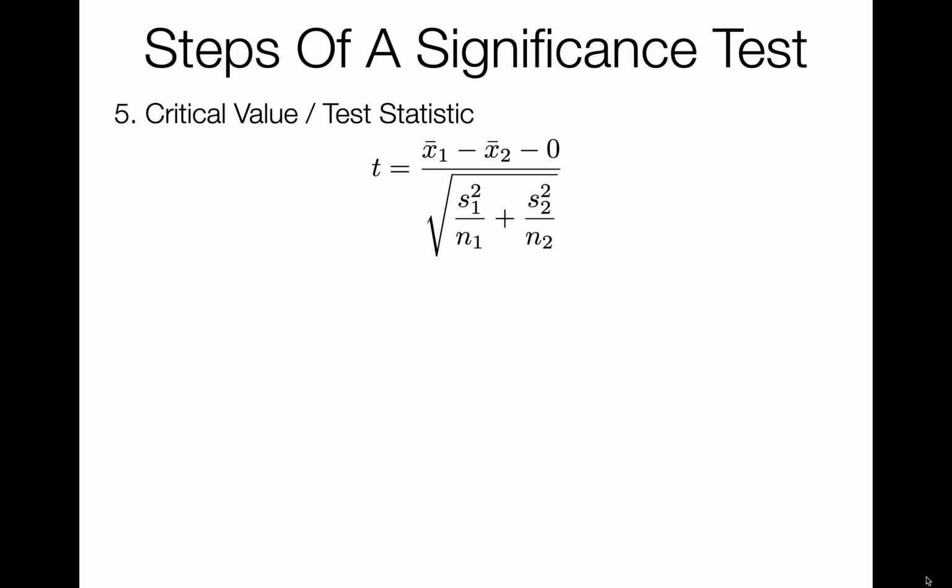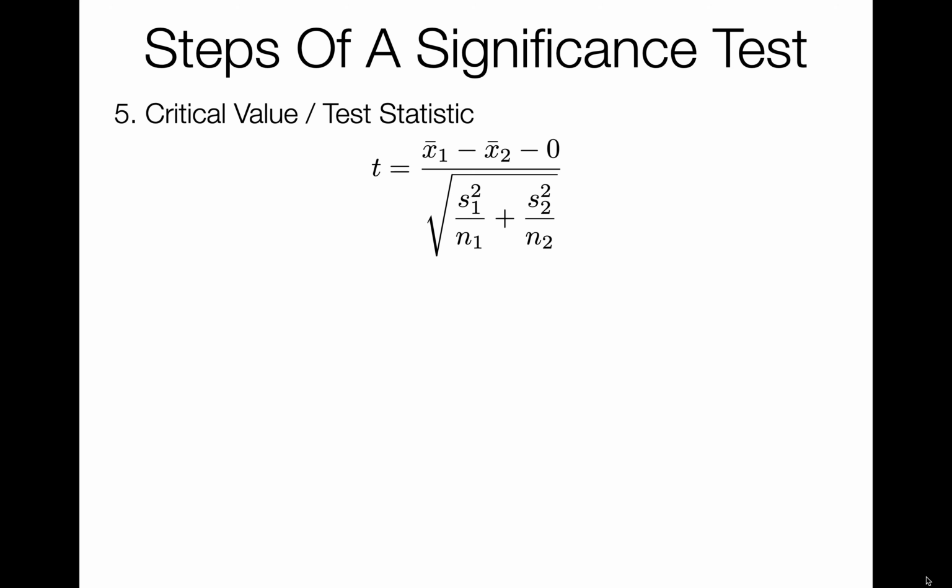Very similar to what was before. It always has this form. The first part of the numerator is the parameter of interest, x bar 1 minus x bar 2, and then minus the hypothesized value. The null hypothesis is always that the two means are equal, and so that means there's a difference of 0.